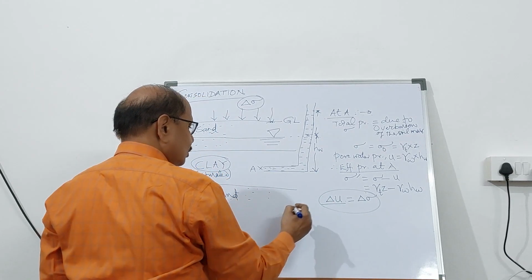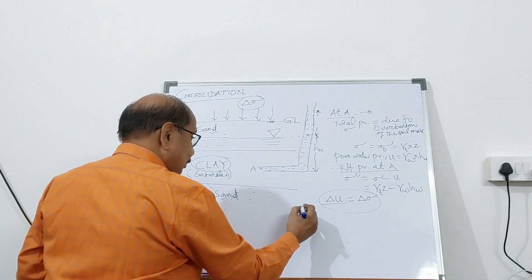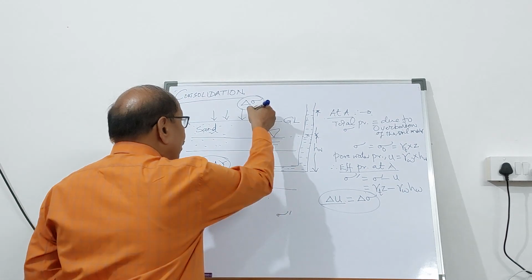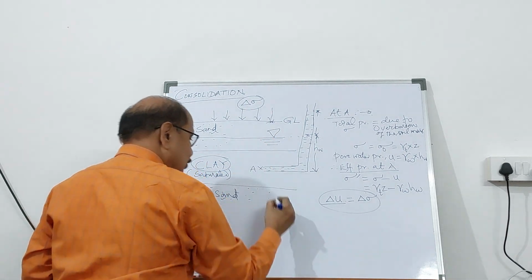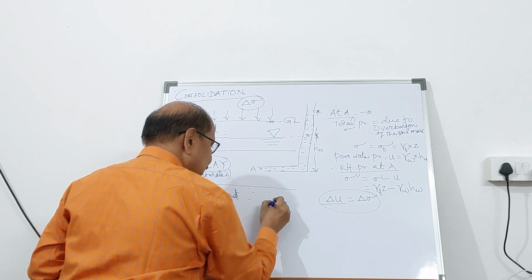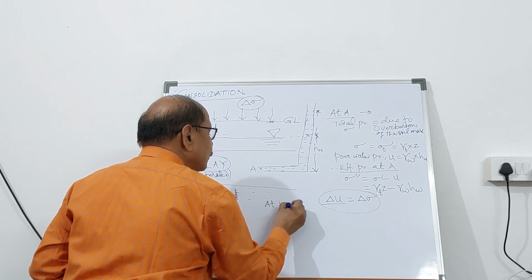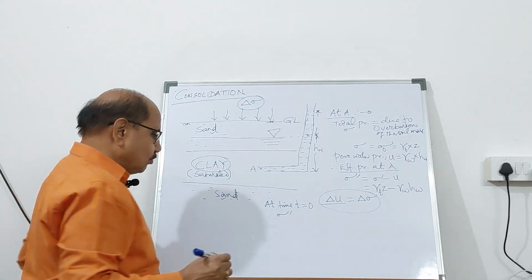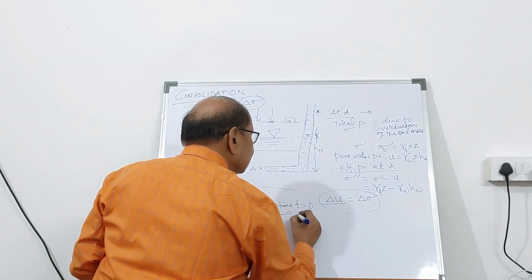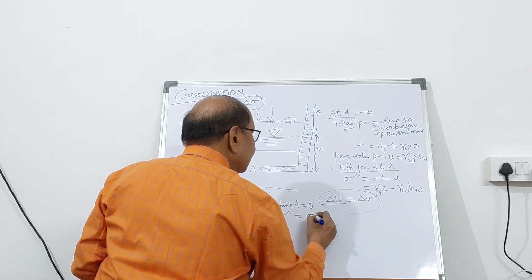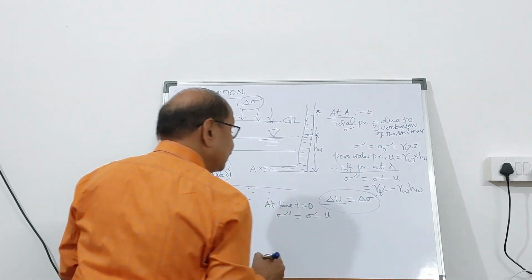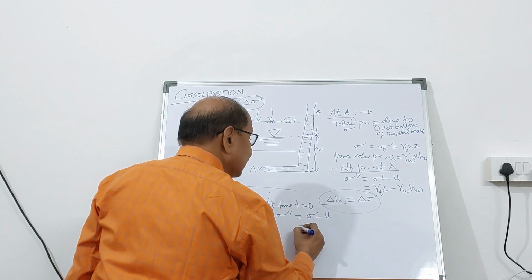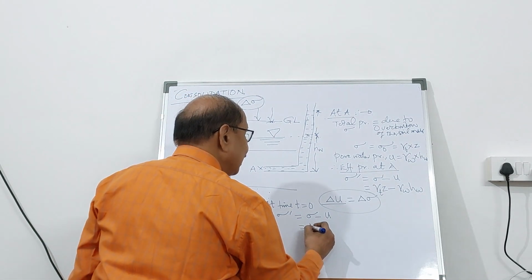Once it comes down, if you want to calculate the effective pressure at time t equal to 0, the moment you applied this intensity of loading, it is the total pressure minus the pore water pressure. What is the total pressure at A? It is delta sigma.